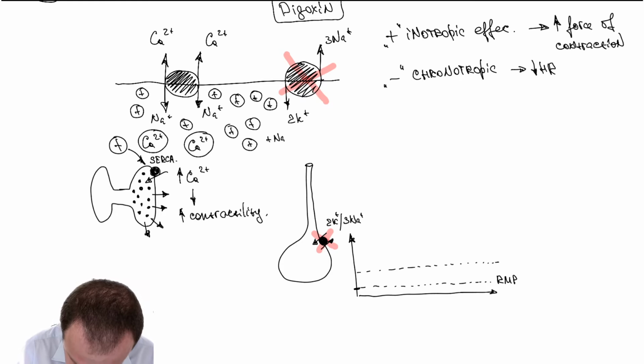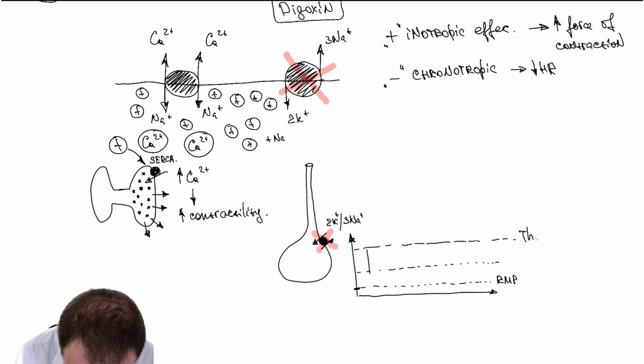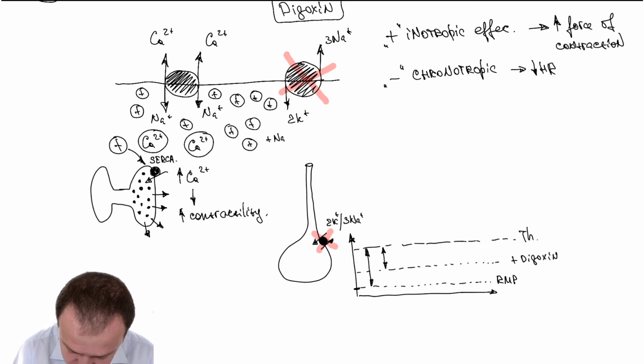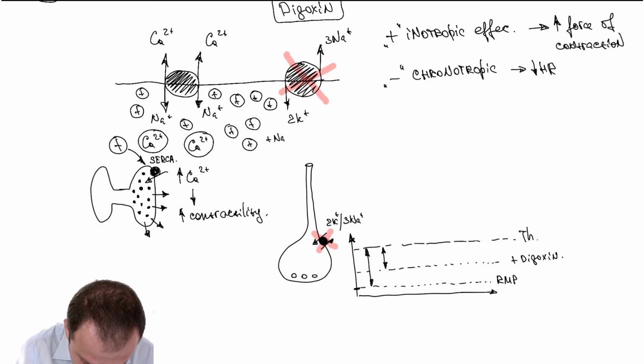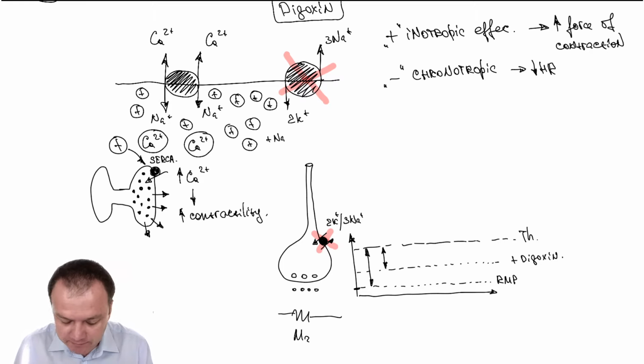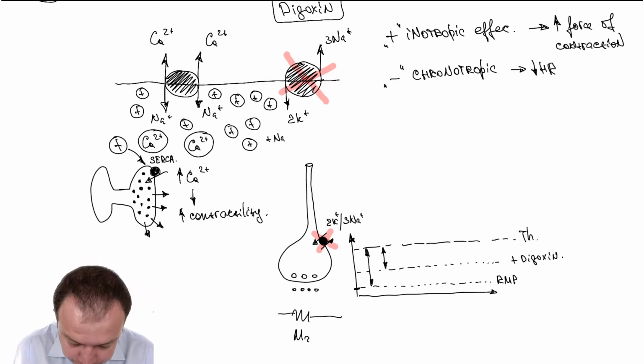So resting membrane potential becomes more positive, and it becomes much more easier to reach threshold level. So in case of digoxin, yeah, as it's much more easier to reach threshold level, nervus vagus releases more acetylcholine molecules, and more acetylcholine molecules interact with M2 receptors in the sinoatrial and AV node, and this causes negative chronotropic effect.